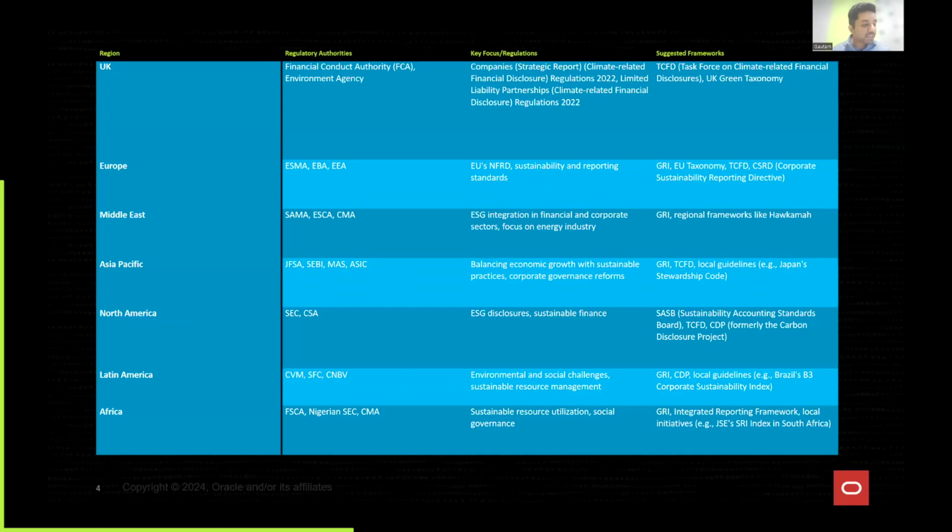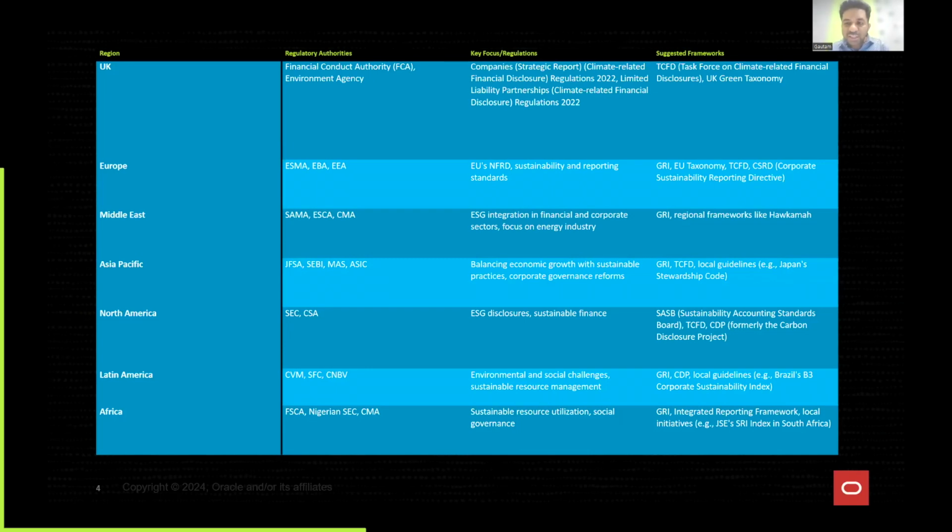One example is CSRD. If I look at Europe, you see the EU's NFRD. Under the key focus and regulations, it stands for the sustainability reporting standards. Under the NFRD regulation, you have a suggested framework by the name CSRD. It stands for Corporate Sustainability Reporting Directive.